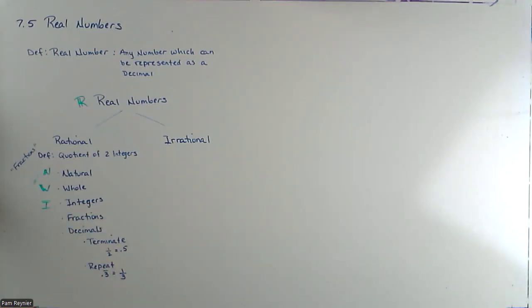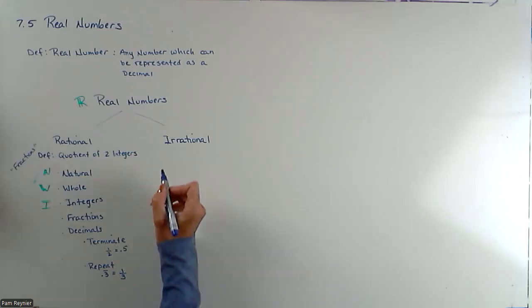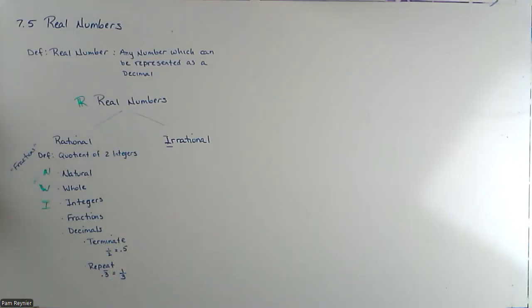So if that's all the rationals, then what are the irrationals? Well, remember that prefix ir means not. So it's not rational. So it's not the natural numbers, not the whole numbers, not the integers, cannot be written as a fraction. Now, it can be written as a decimal.